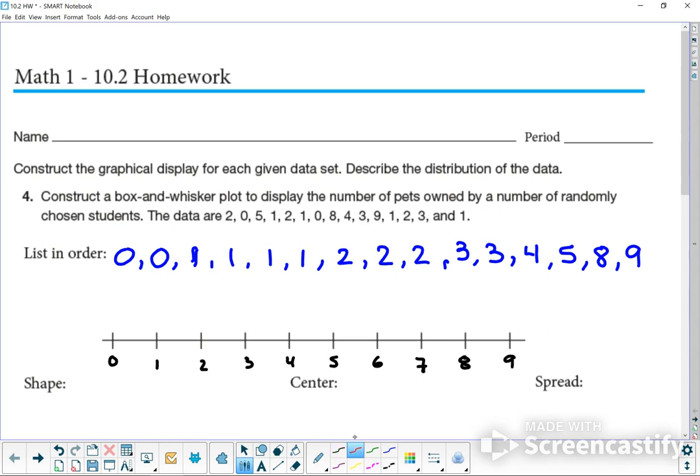So 0 is our minimum, and 9 is our maximum. Okay, so we got 0 and we got 9. Done.